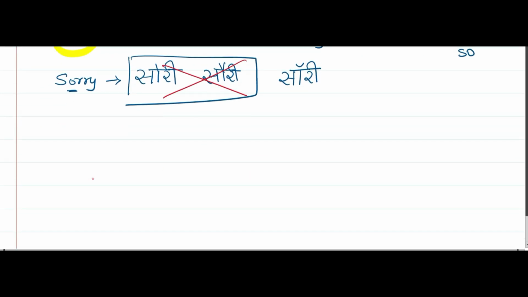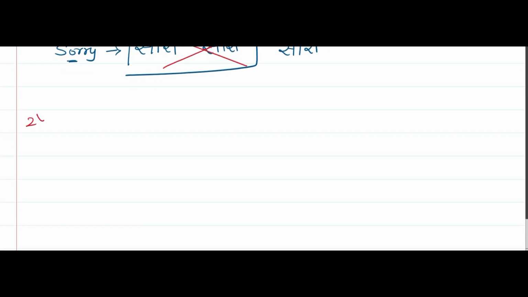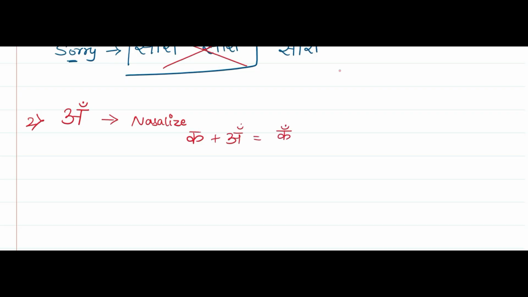And one more. This is not a new one, but you might have seen this often. This is called nasal. So this one actually makes the consonant nasalized. So if I say k plus un, the k becomes nasal. Okay?